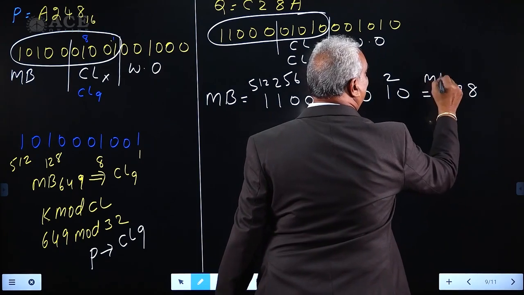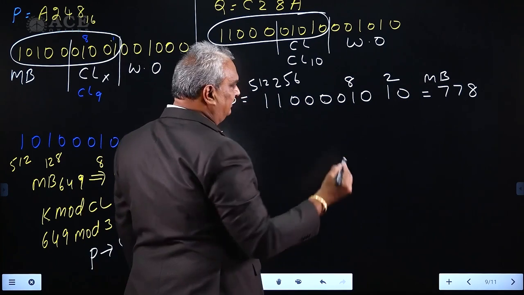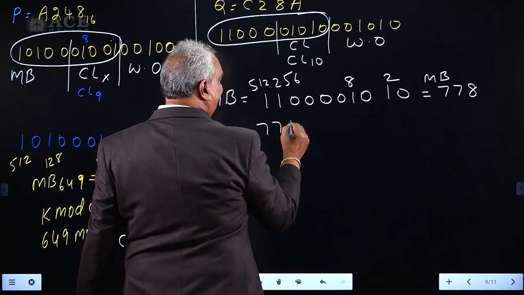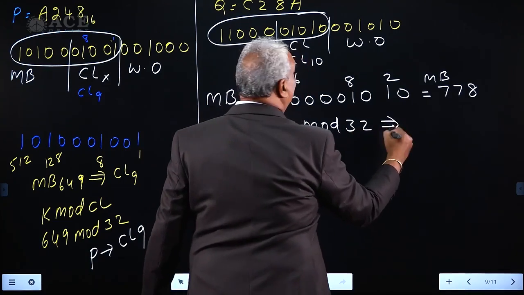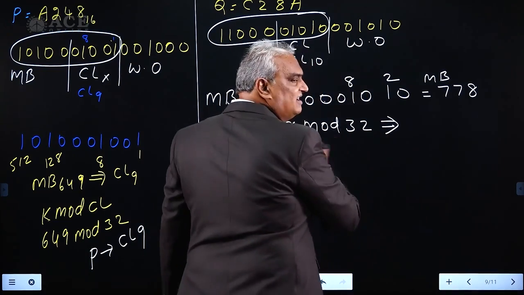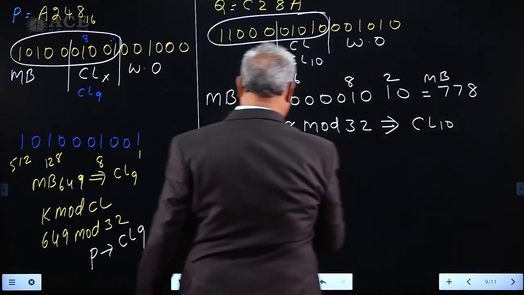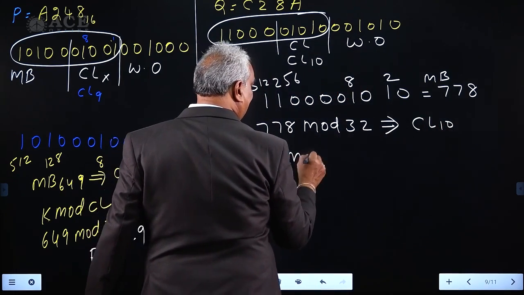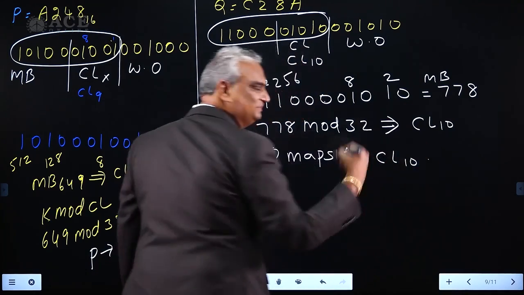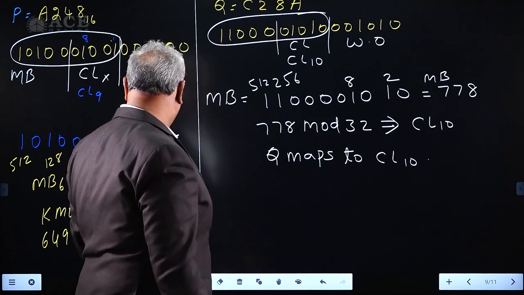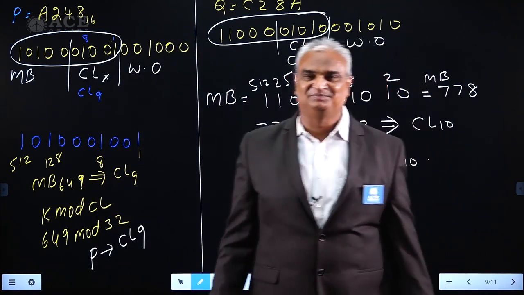It is MB 778. It maps to CL10, or 778 mod 32 also provides CL10, since the remainder is 10. So finally, Q maps to CL10. P maps to CL9. Q maps to CL10.